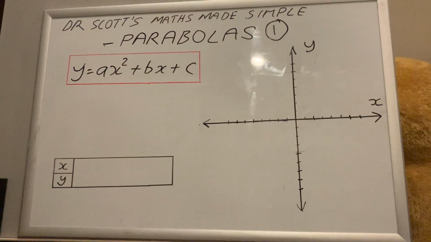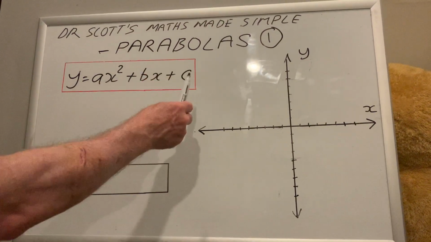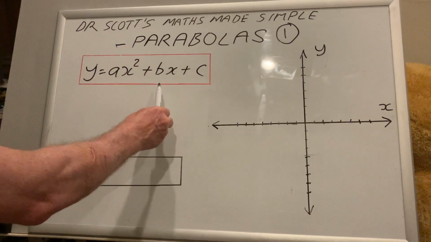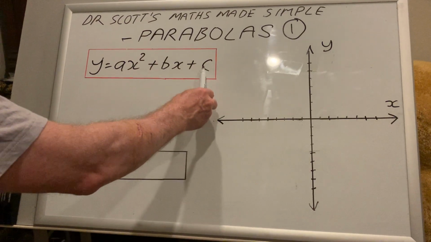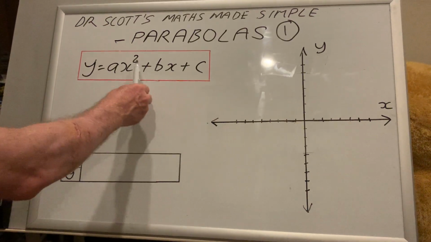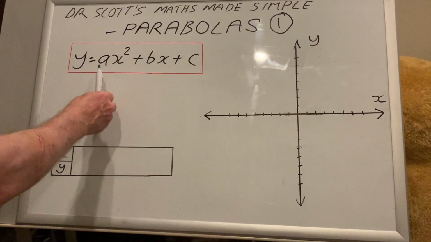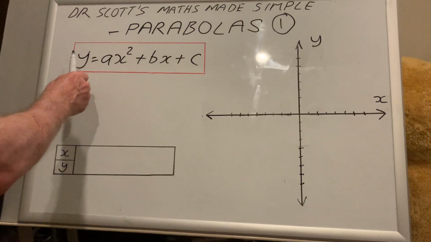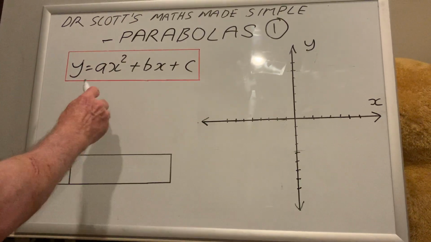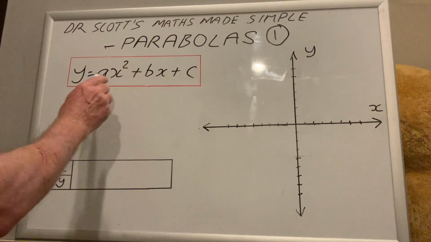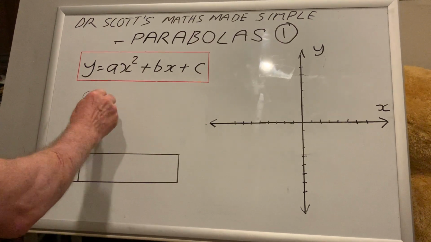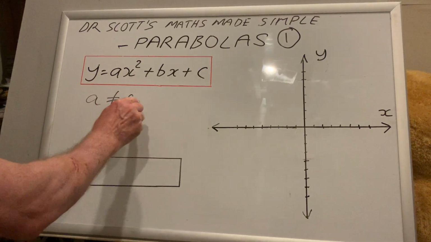Now the general formula of a parabola is y equals ax squared plus bx plus c, C being a constant, B is a constant, and A is a constant. However, there's one rule with this formula: A cannot equal 0.